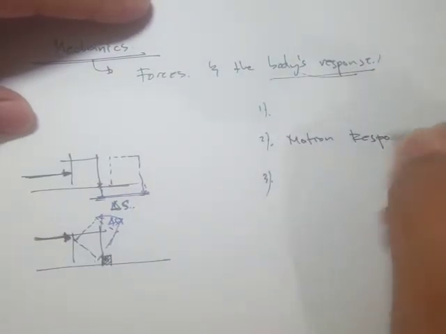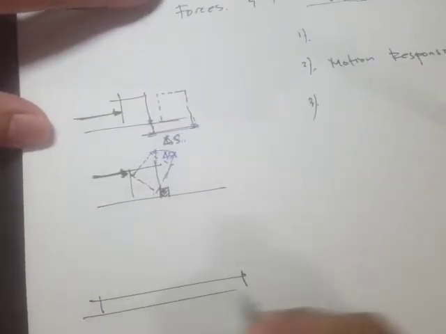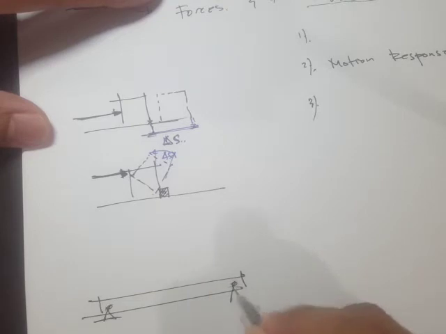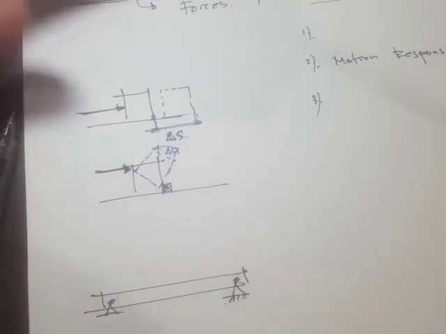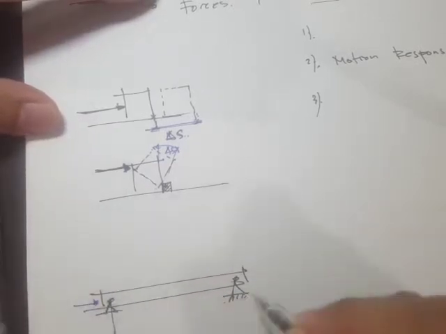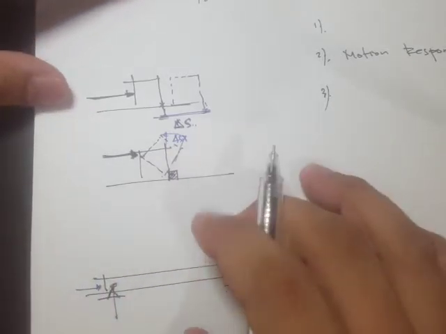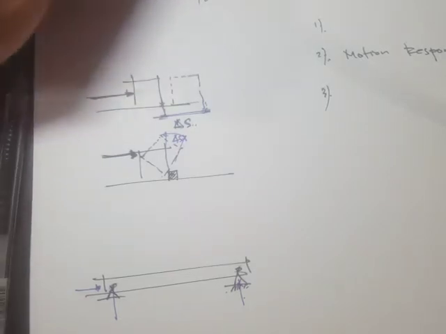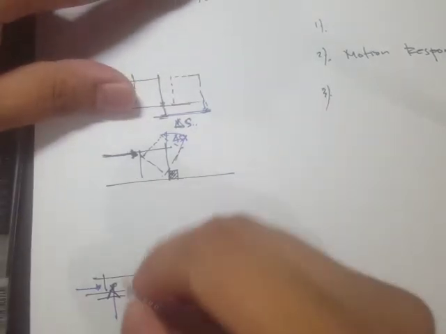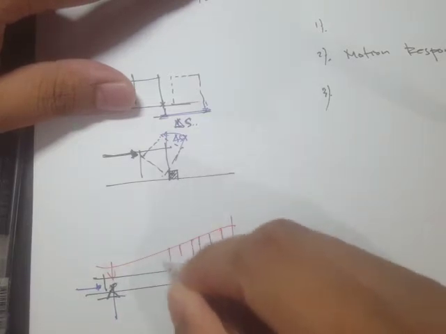But there's also another response. For example, there's a beam, and we just want to solve for the internal forces or the support reactions right here. By the way, there should be a force, so let's say it's subjected to an external force.